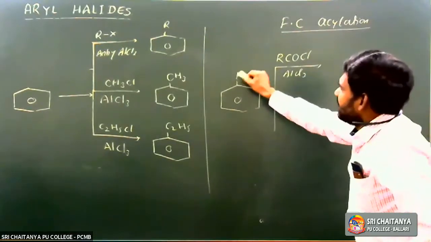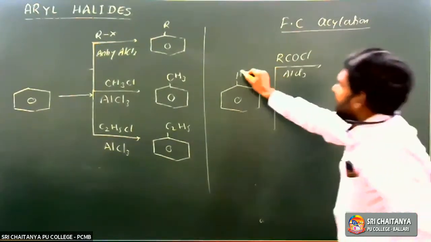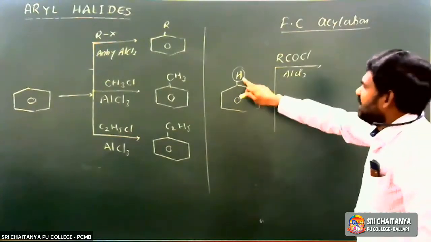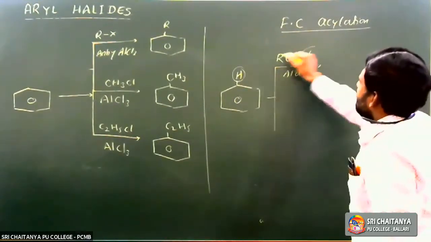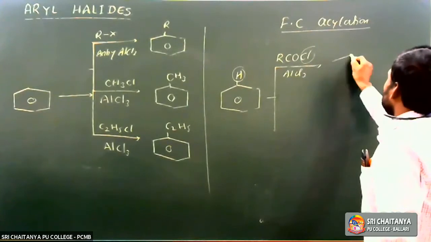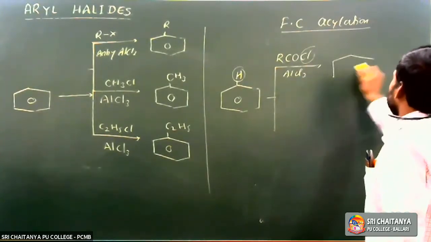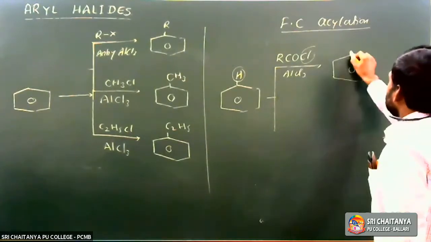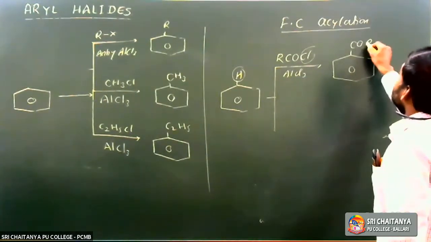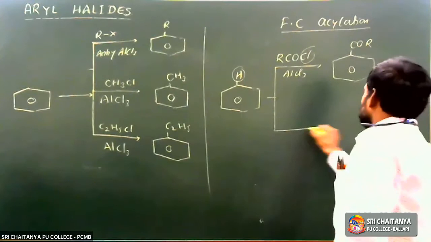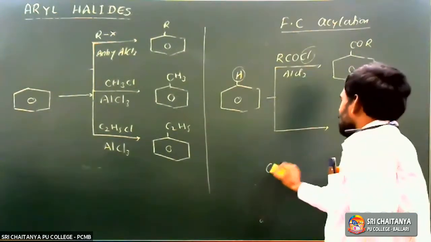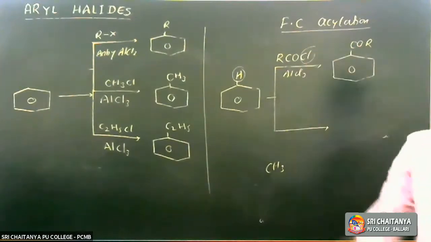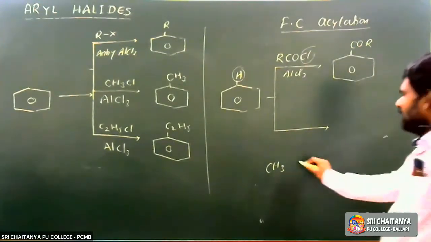Here H and Cl are eliminated as HCl. In benzene, each carbon is attached with hydrogen. This H is replaced by the COR group, so it is called acyl benzene. Hence this reaction is called Friedel-Crafts acylation reaction. Take a specific example: acetic acid chloride, which is an acid derivative.